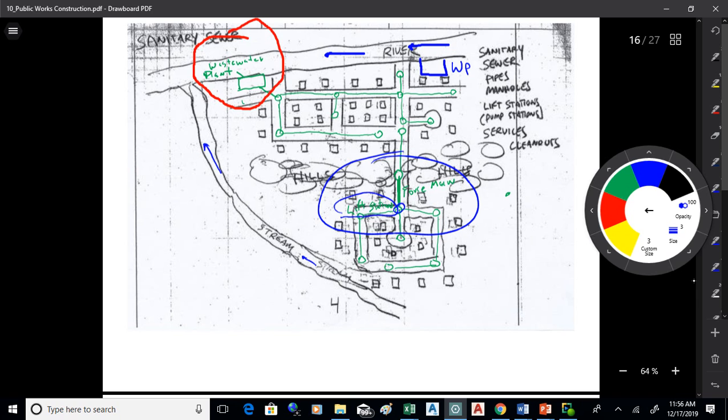So this manhole right here would very likely be turned into a pumping station. So there would be a pump there that would have then a pressurized main called a force main that would then push that water uphill to a manhole at the top of the hills. From there it would flow by gravity down. So that's a feature on the sanitary sewer system that you often have, or lift stations.